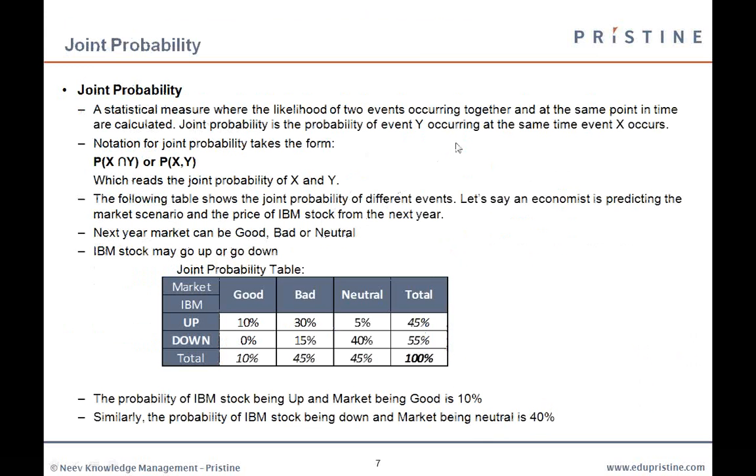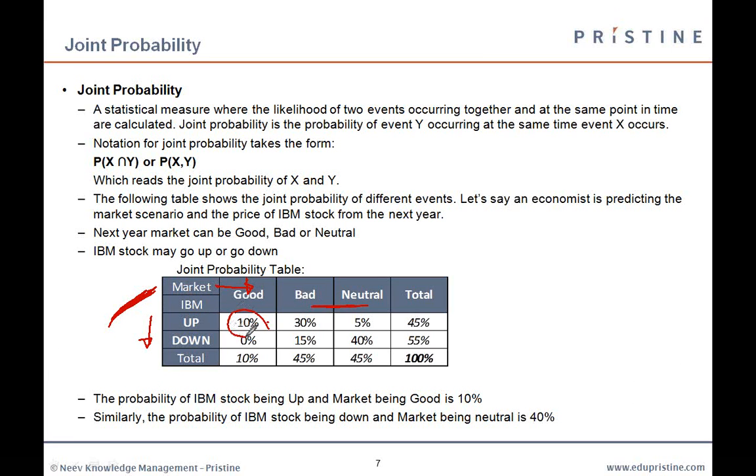Joint probability, as we said, is nothing but the simultaneous occurrence of two or more random events. So if you look at this table, which is what you are likely to get on the exam, this is called a joint probability table. The way you read this table is this: there are two random events, the market being good, bad, or neutral tomorrow, and the IBM stock either going up or down tomorrow. Okay.